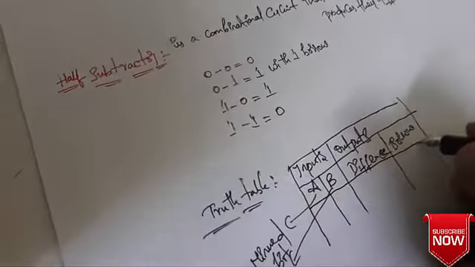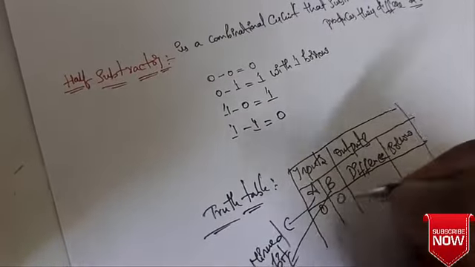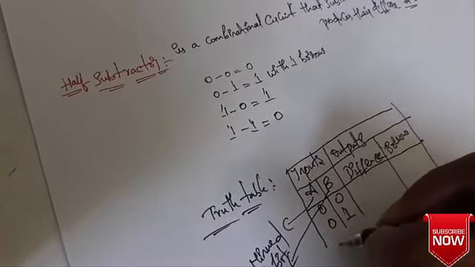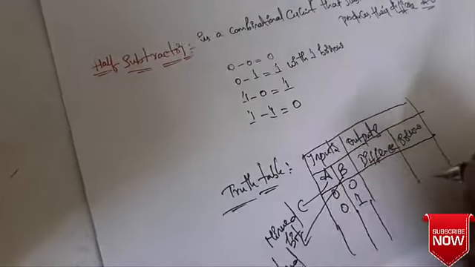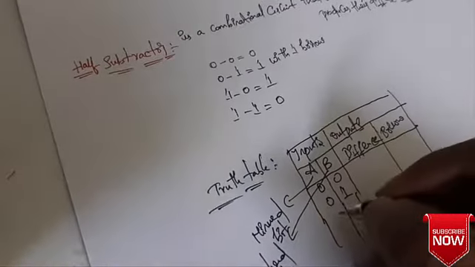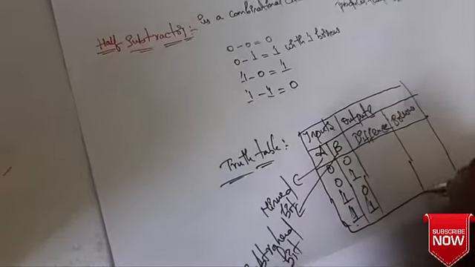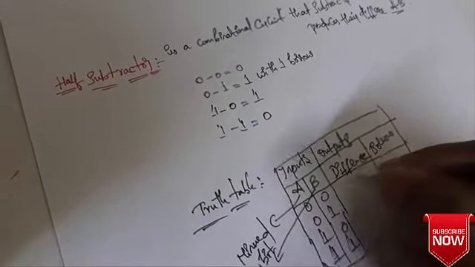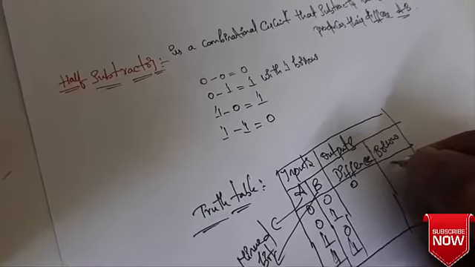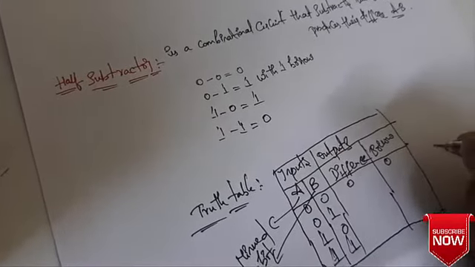That will be 0 0, 0 1, 1 0, 1 1. 0 minus 0, the difference will be 0. You can't take any borrow, hence the borrow will be 0.